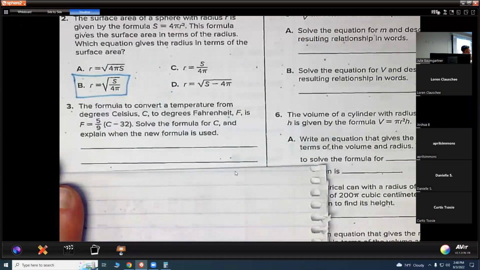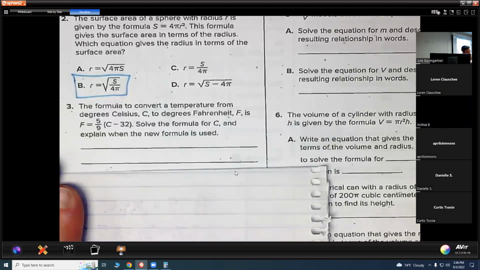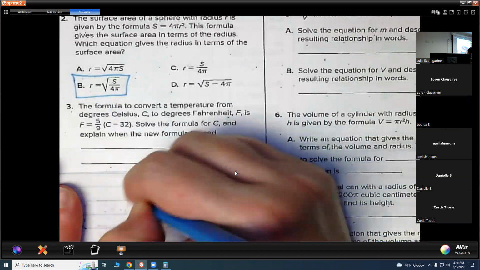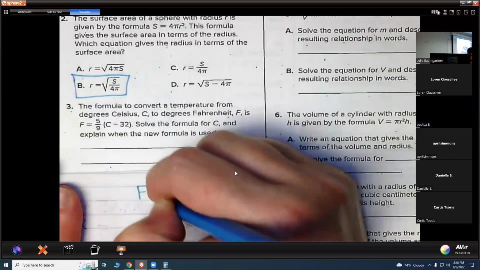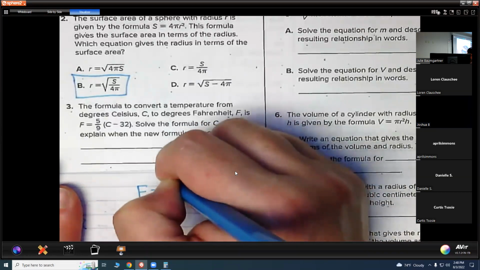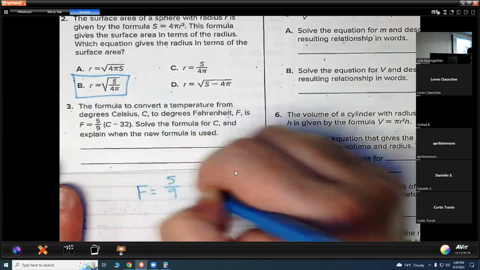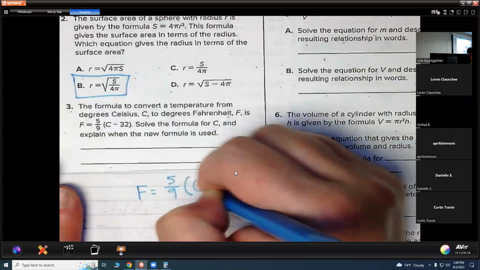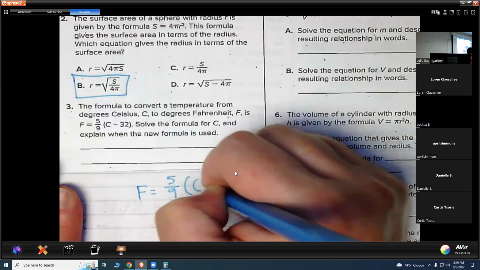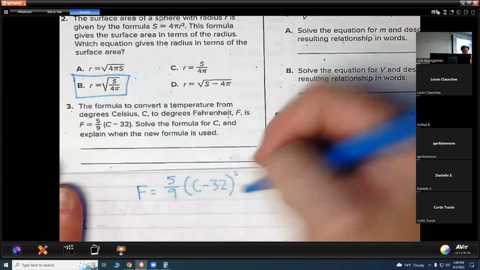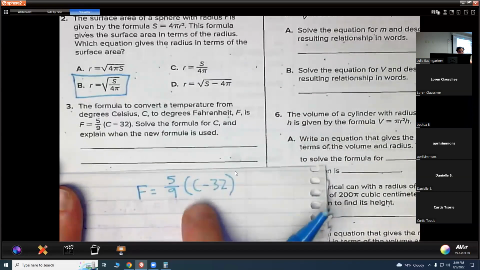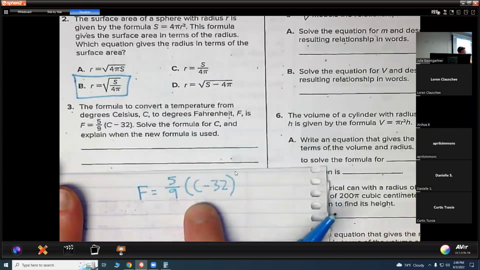Then it says solve the formula for C. So we have F equals 5/9 times the quantity C minus 32. So we need to get C by itself.